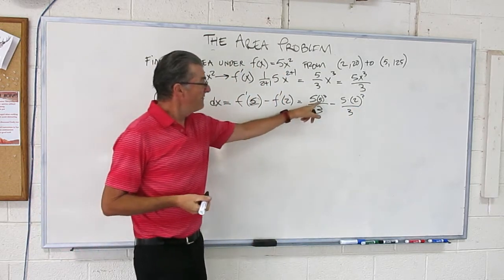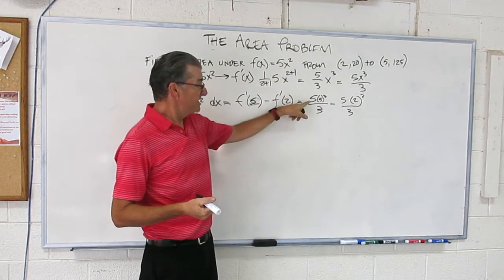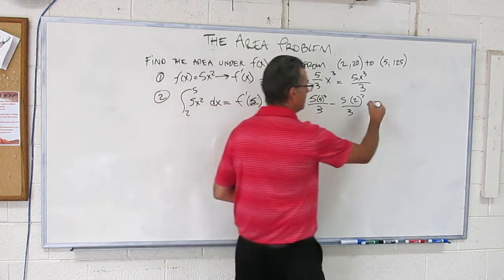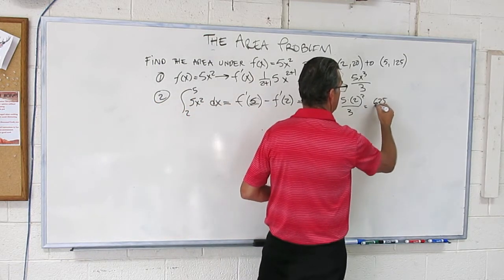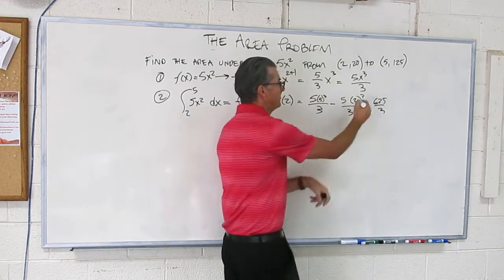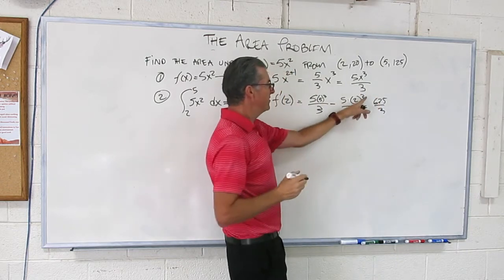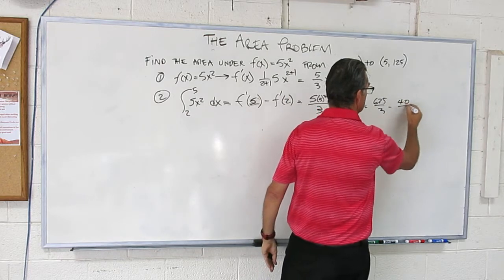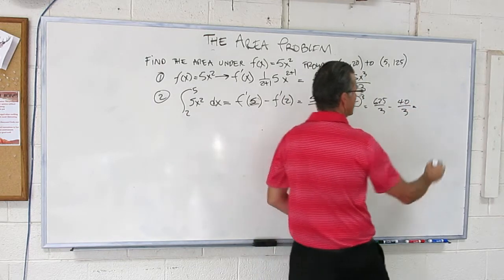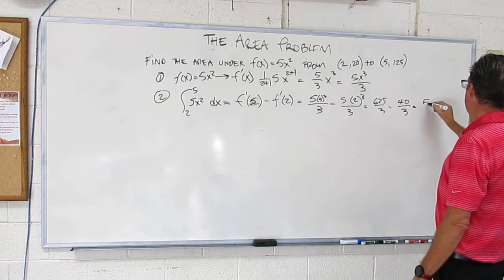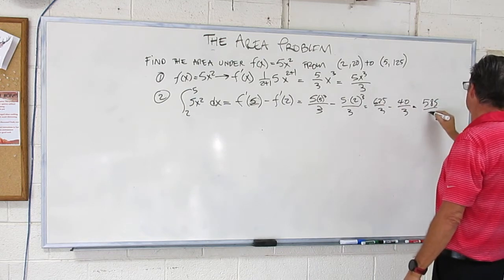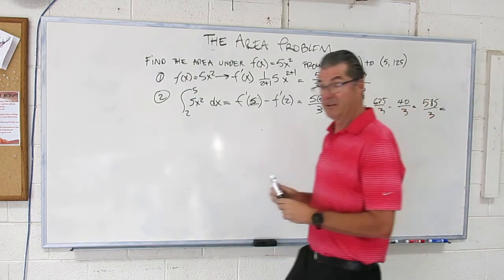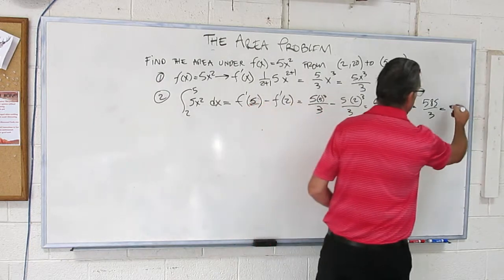Now, 5 to the third is 125, times 5 is 625 over 3. 2 to the third is 8, times 5 is 40, minus 40 over 3. That's going to be 585 over 3, which is going to give us 195.